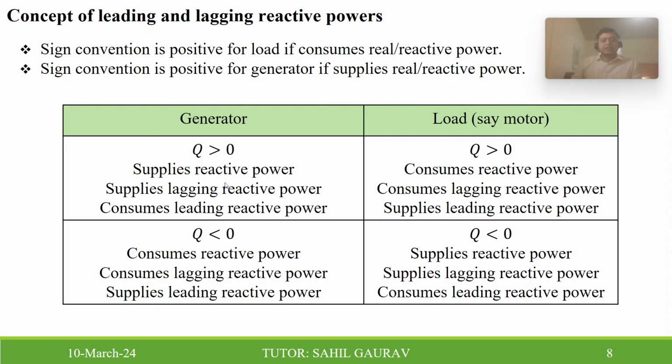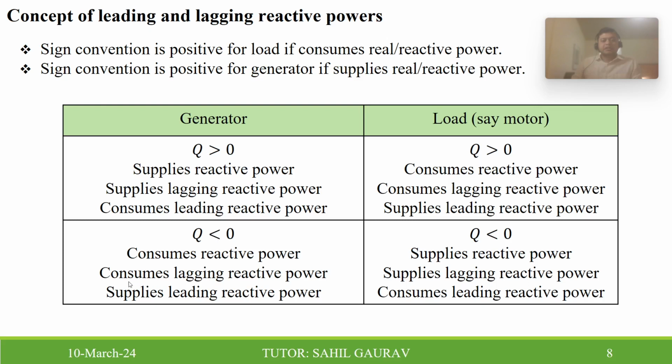Now for a generator, if Q is greater than 0, it supplies reactive power, and simply supplying reactive power means that it supplies lagging reactive power, and also that it consumes leading reactive power. And for a generator, if Q is negative, it means that it consumes reactive power.